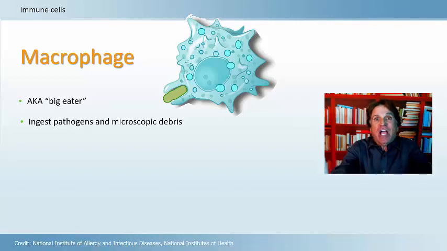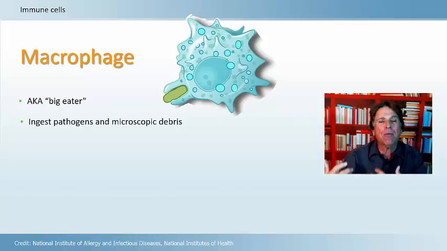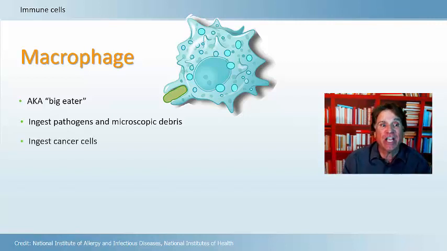They put out these projections which engulf those particles, bring them into the body, put them in containers, and then add to them different types of chemicals which will break down and destroy those particles which they have engulfed and taken into their cell. They can also ingest cancer cells.